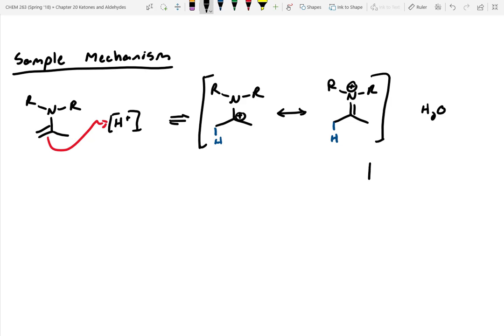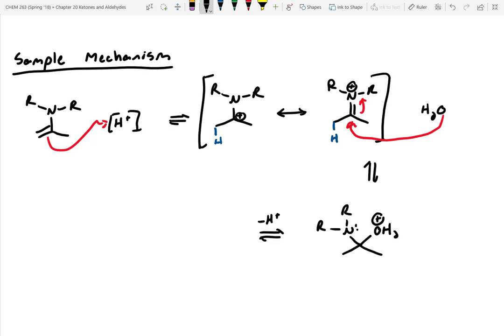All right, and your next step, you've got water around. So water can reach in, kick up electrons onto that nitrogen. You now have your amine. The next step, you can deprotonate.